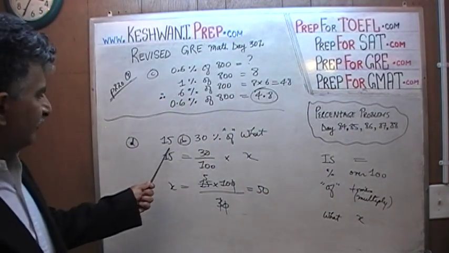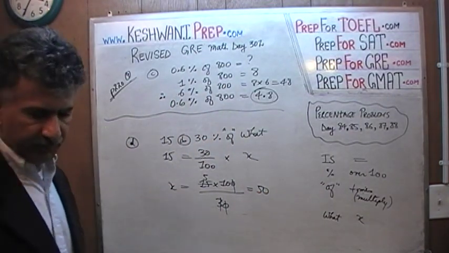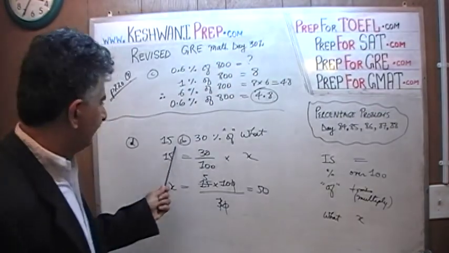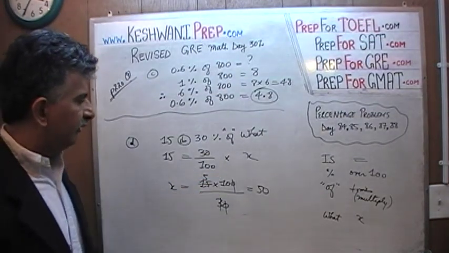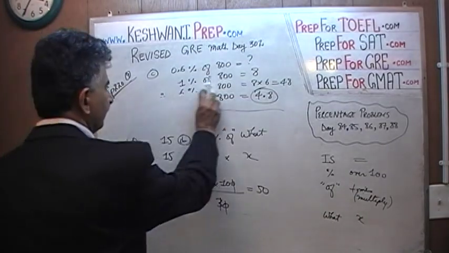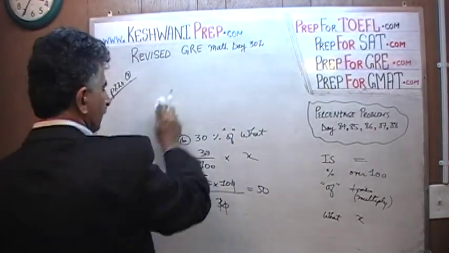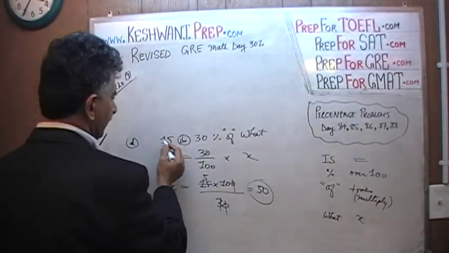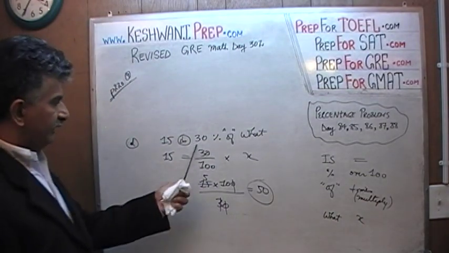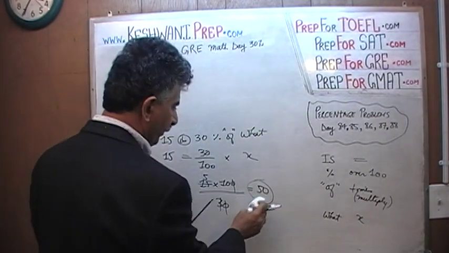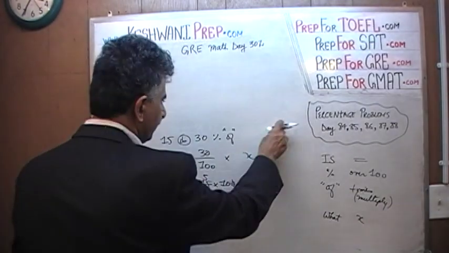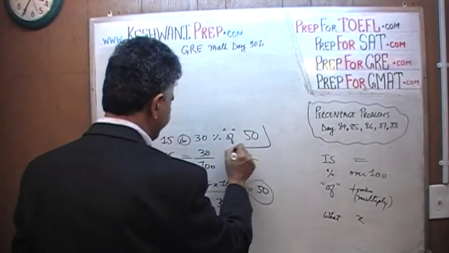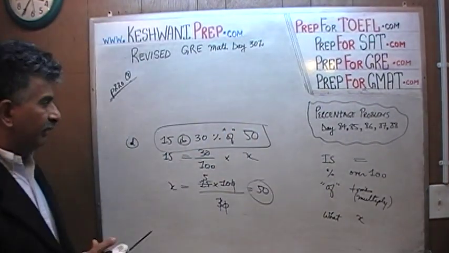The question was, 15 is 30% of what? And we just found out that 15 is 30% of 50. Let's see if it makes any sense.